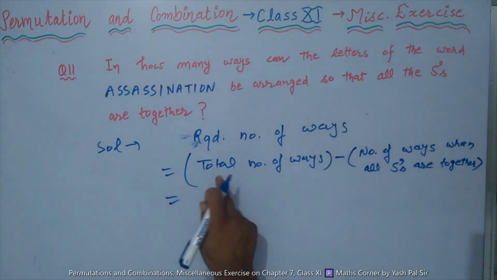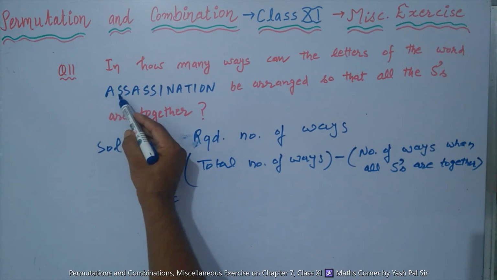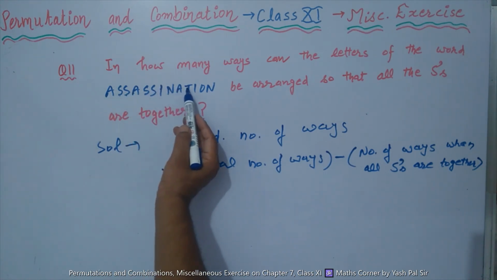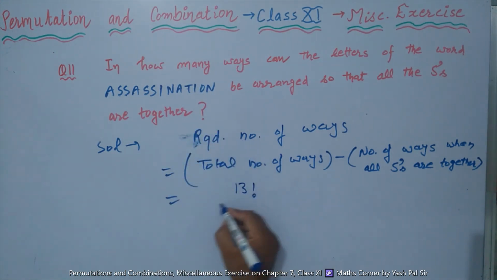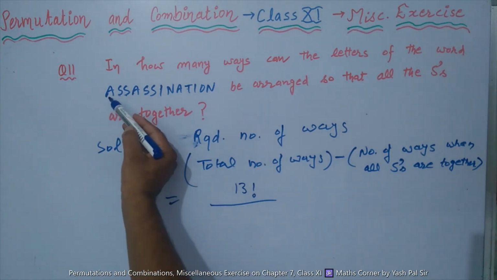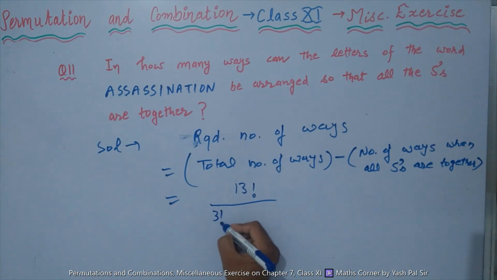So first of all, total number of ways, how many letters are there? 1 2 3 4 5 6 7 8 9 10 11 12 13. 13 factorial. Divide. If there is any repetition, A is repeated how many times? 1 2 3, 3 times, 3 factorial.